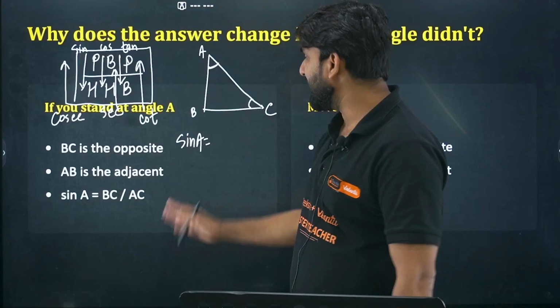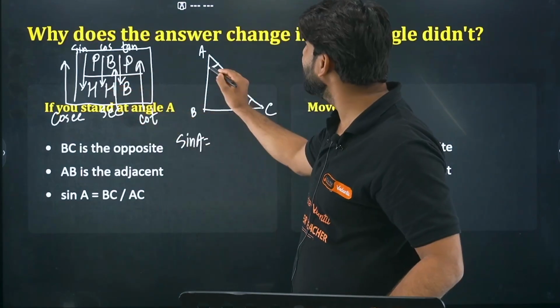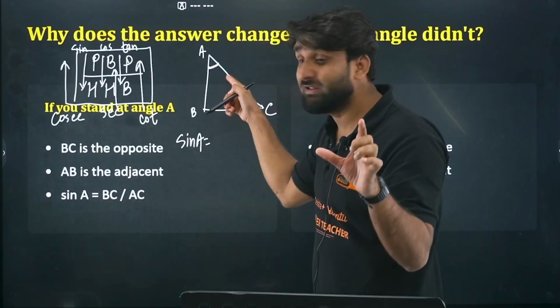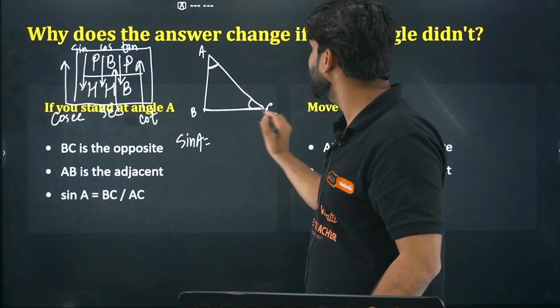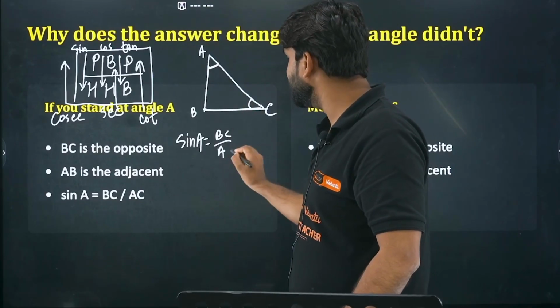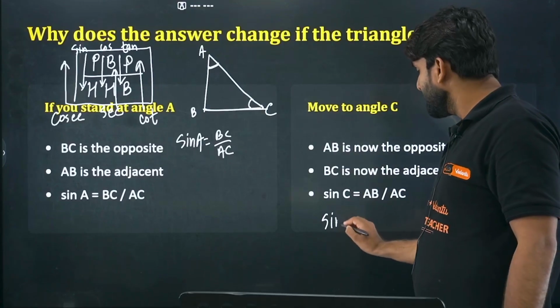Please, champion. So sine A will be what in this triangle? Sine A is perpendicular by hypotenuse, and we are dealing with A. So for A, BC will be the perpendicular, divided by hypotenuse AC. But if I ask you sine C, where is C?